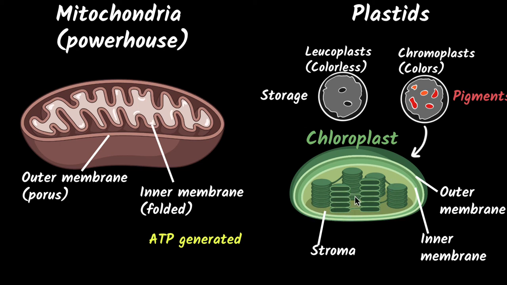It fills up the inner membrane. And then finally, if you go into those coin-like structures, you will find molecules of chlorophyll. It's this chlorophyll that has the color green, the green pigment. And they're also responsible for trapping the energy of the sunlight and helping us make food via photosynthesis.